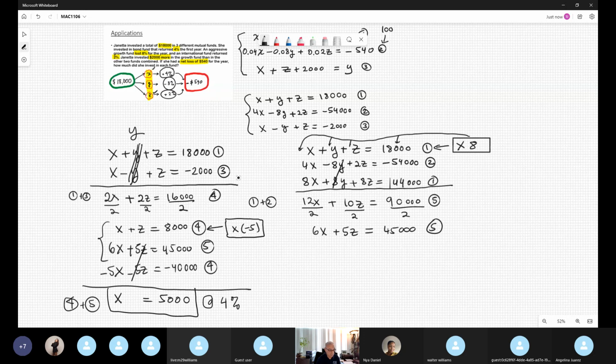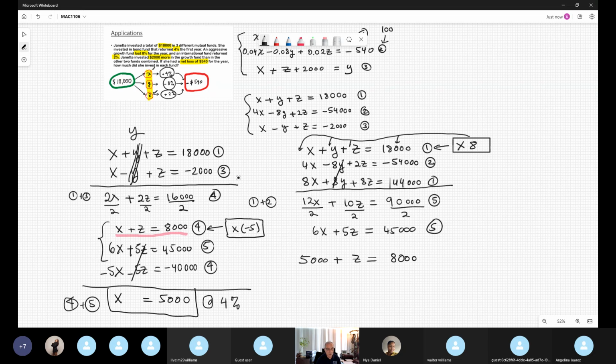Okay, in order to find the 2 other amounts, well, it's easy. You go back substitution. You plug it in the easier equation. In my opinion, it is this. See, I know that x is 5,000 plus z is 8,000.